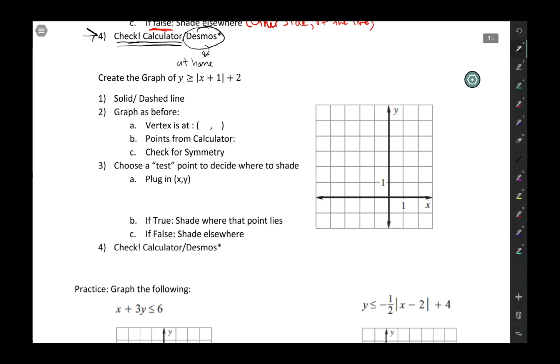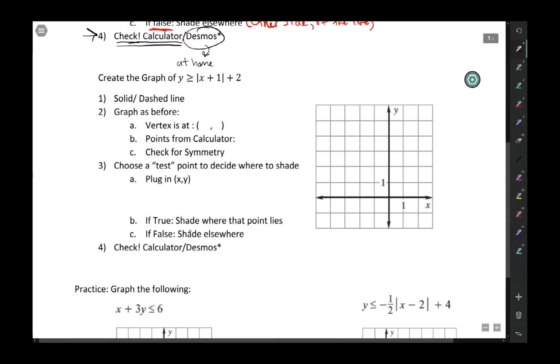So, create the graph of, oh no, an absolute value. Okay, that's what we just looked at, but it's okay. We have h, and we have k, and we have the slope out front. Solid or dashed line, first decision, is going to be solid. Why? Because of the greater than or equal to. Graph these as you did last unit. The vertex is at h, k, and you need to be careful.